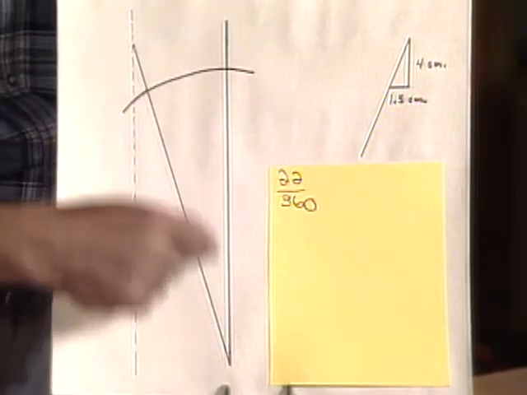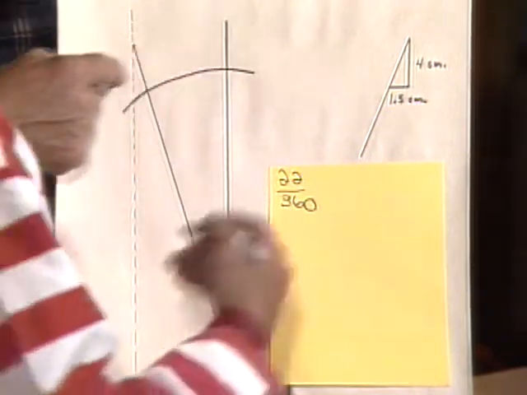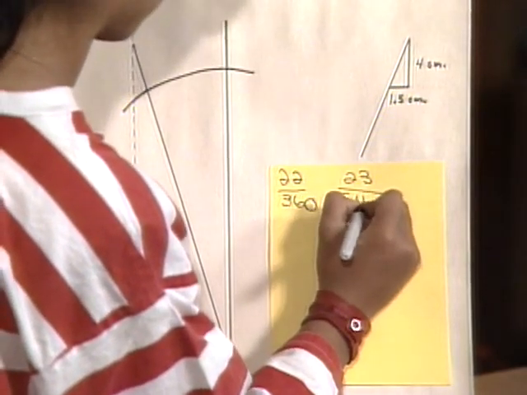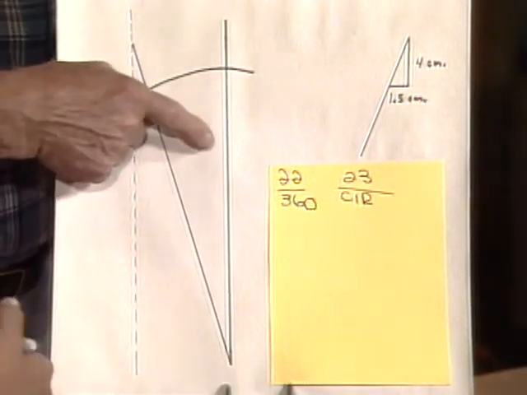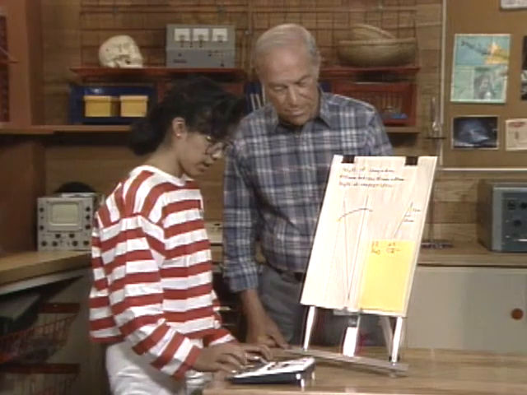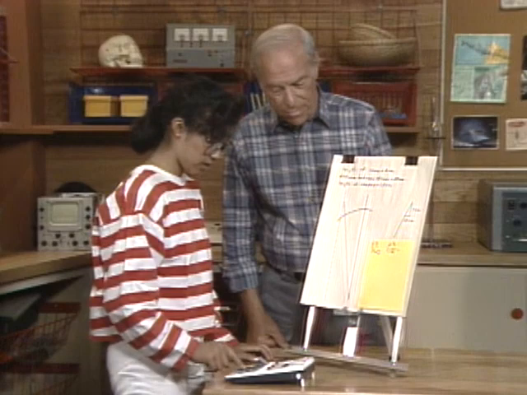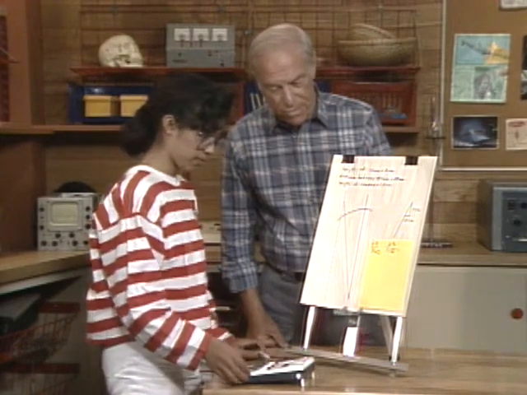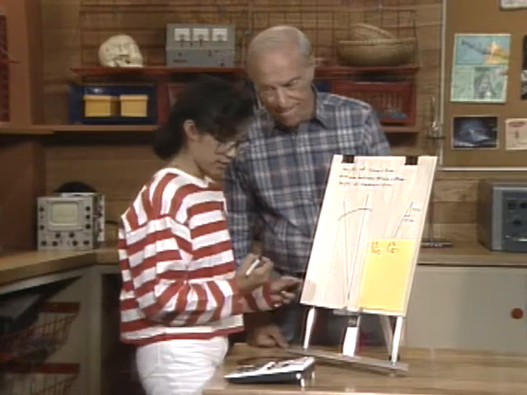You see the idea? What's this distance? That would be 23 over the circumference. You know how to solve that problem? What are you going to do? We multiply 23 by 360 and then divide it by 22. What have you got? 376.